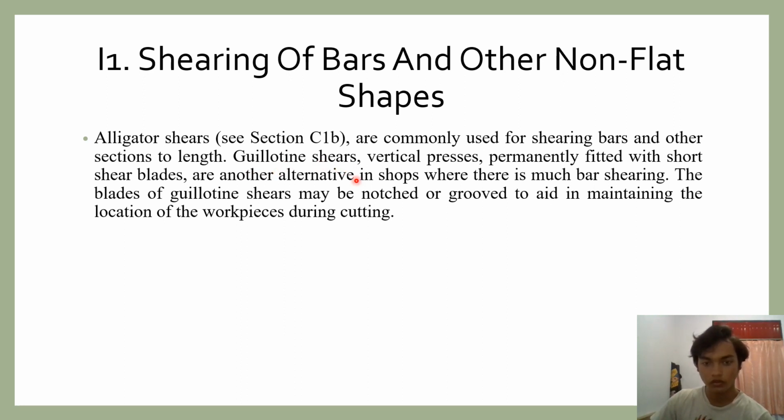Guillotine shears, vertical presses, or primarily presses with short blades are another alternative where there is much bar shearing. The blades of a guillotine shear may be notched or curved to aid in maintaining the location of the workpiece during cutting.